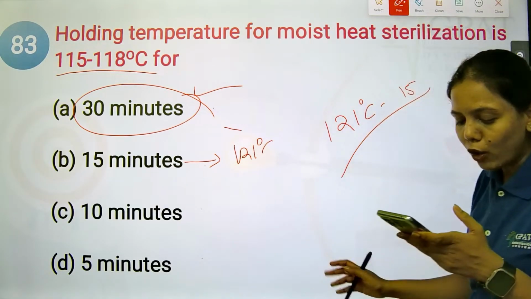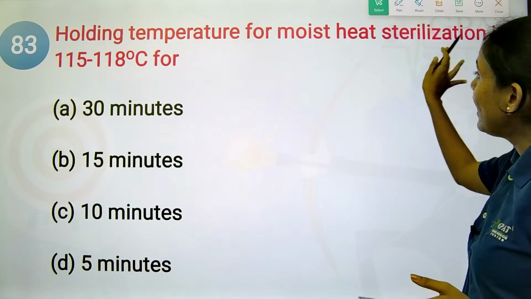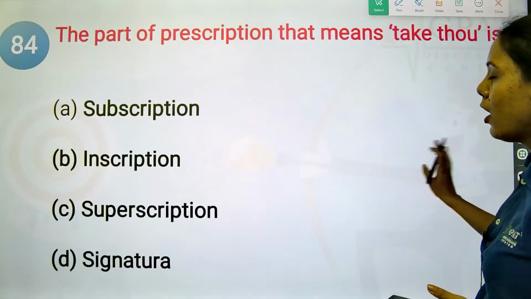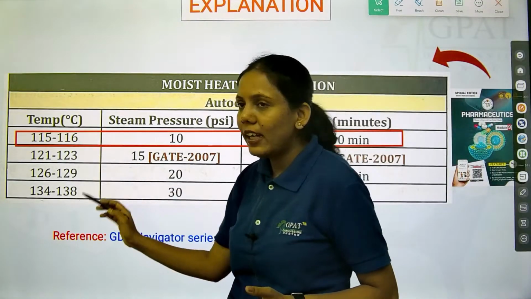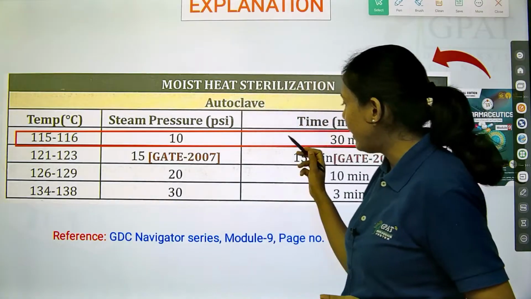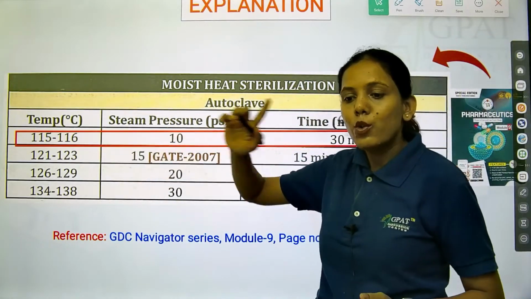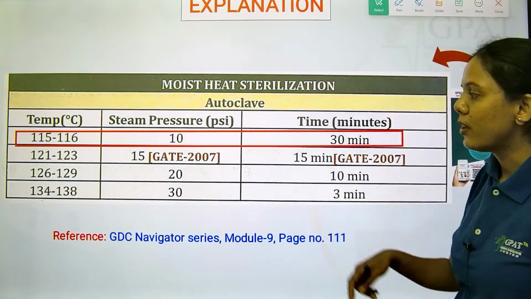These are the autoclave conditions. It is A. 30 minutes is the right answer. Do not get confused. If you increase the temperature a little, the time decreases a little: 30, 15, 10, 3. These are all conditions for the autoclave. Students only know 121 for 15 minutes. Pressure also you see.